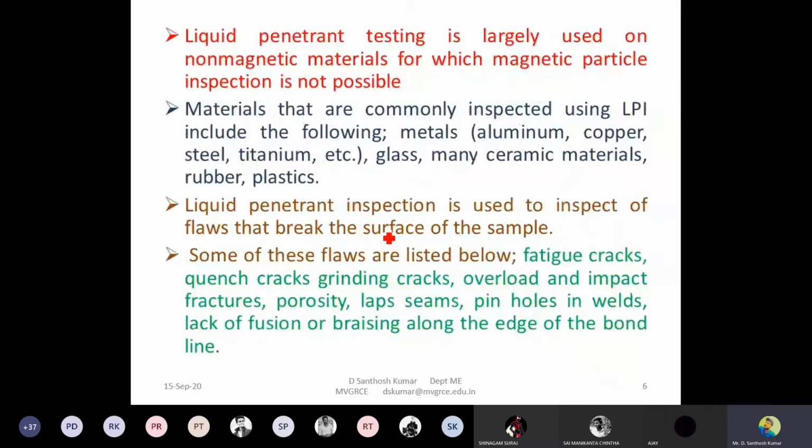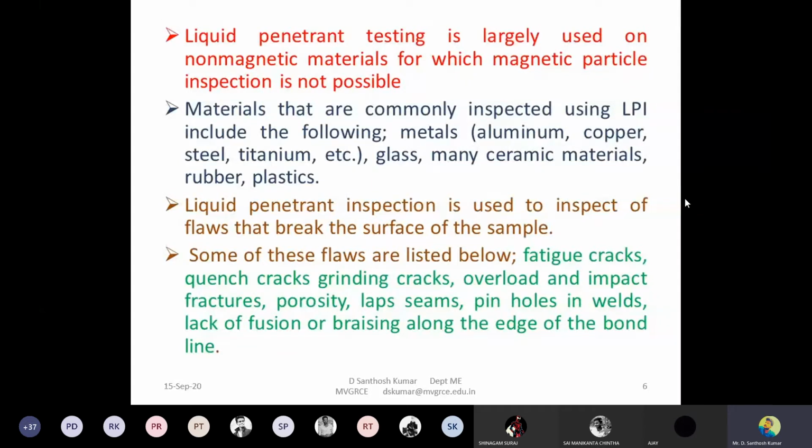So liquid penetrant testing is majorly used on non-magnetic materials, because for magnetic materials we have another kind of testing method, that is magnetic particle testing. The limitation is that magnetic particle testing is only suitable for materials having magnetic properties.